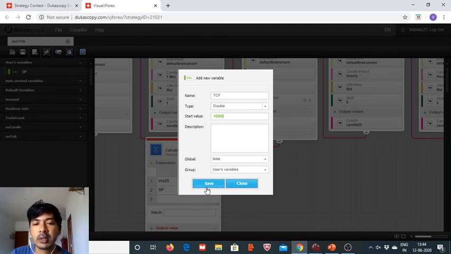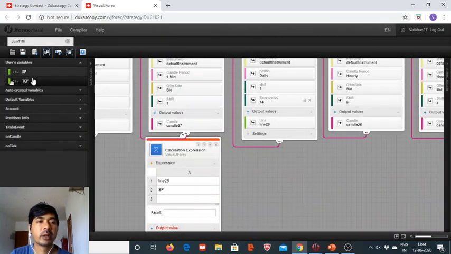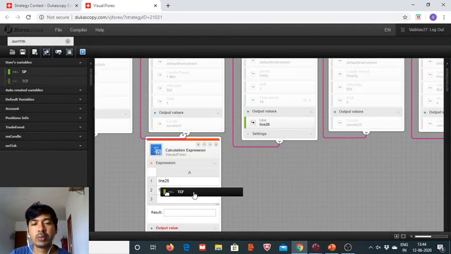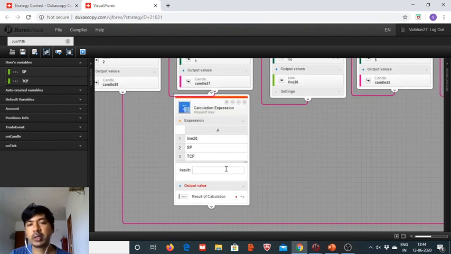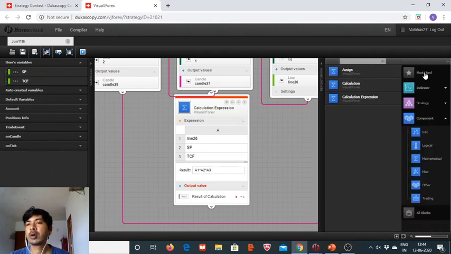So that's it, and we need to do A1 into A2 into A3. Okay, we take another if block, calculation expression.